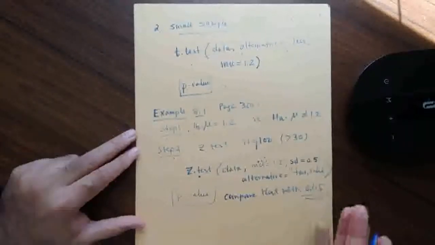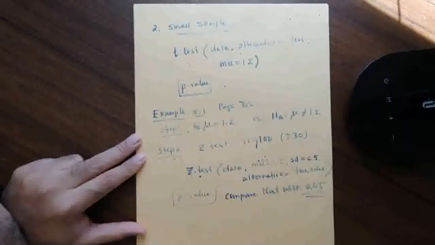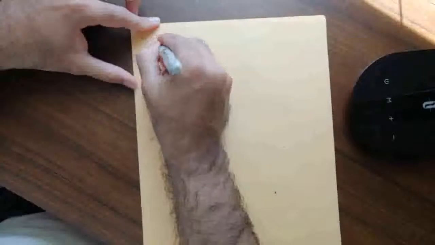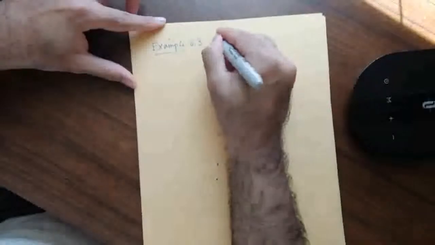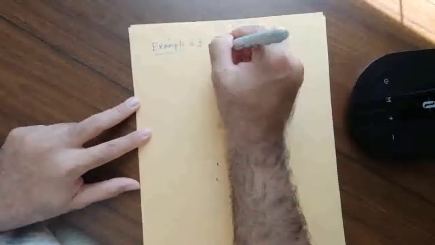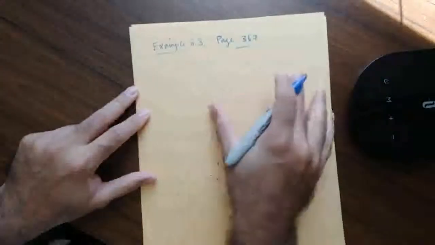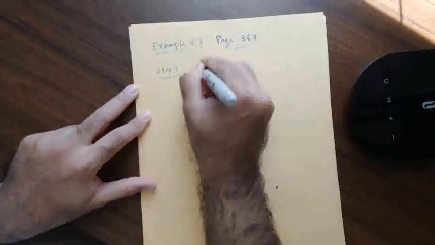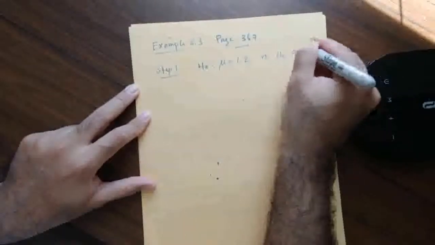Now what's going to change if this is a t-test? So let's talk about another example. Example 8.3, the same data set but different numbers, page 367. So we are testing the same thing. The step 1 will not change. H0 mu equal to 1.2, HA mu not equal to 1.2.